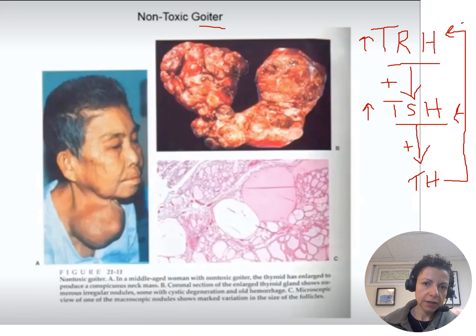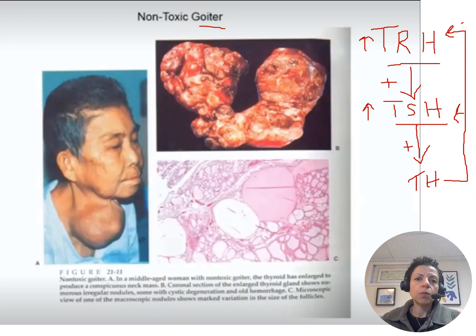Now, what started this whole problem? With a non-toxic goiter, there is some change in thyroid function. The gland itself becomes less capable of producing thyroid hormone. So in the development of a non-toxic goiter, you might have a brief period of time where thyroid hormone levels are actually reduced. But that temporary reduction causes a reduction in the negative feedback, which elevates TRH and elevates TSH.